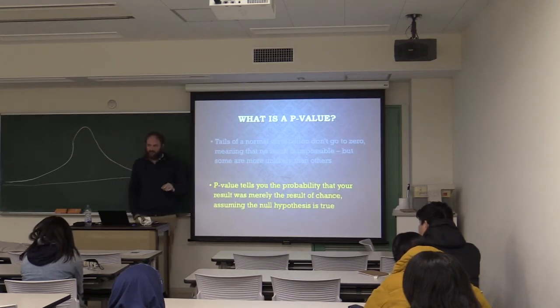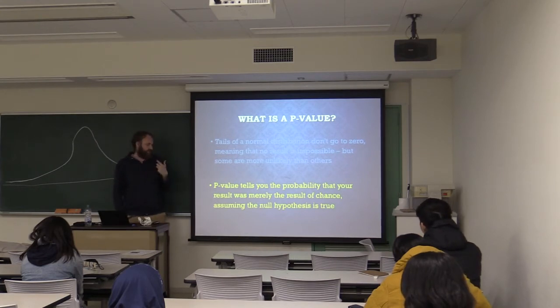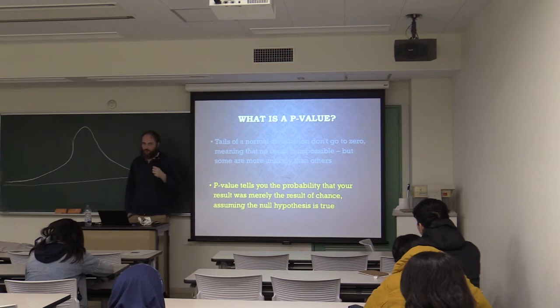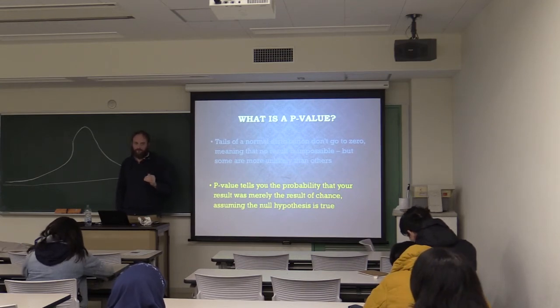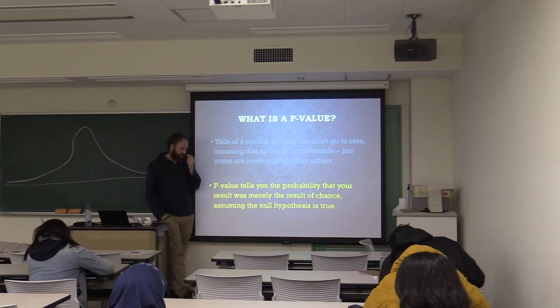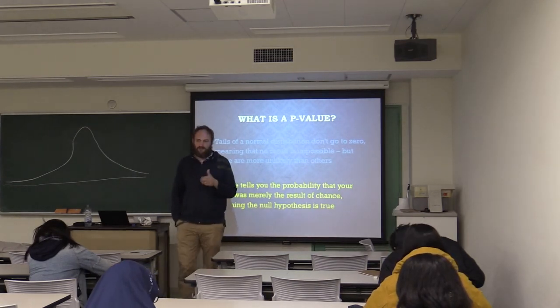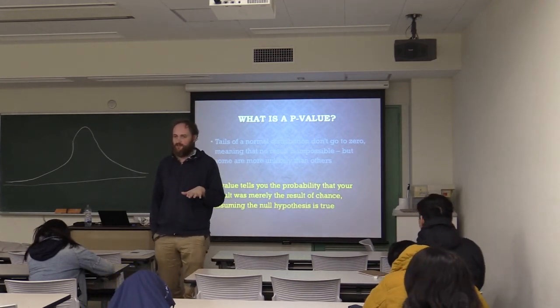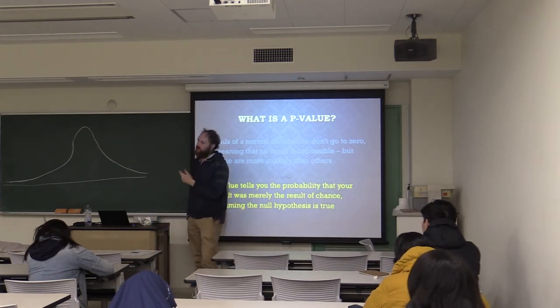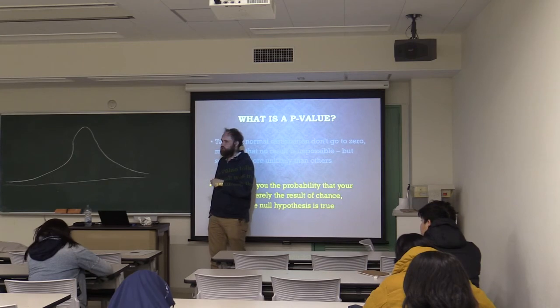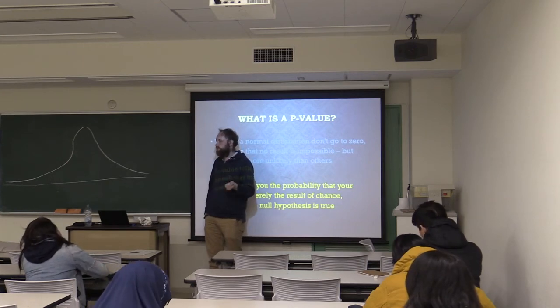What a p-value tells you is the probability that the result that you got was a result of random chance, if you make the assumption that the null hypothesis is true. So, if we assume that the mean value actually was 100, what's the chance that we would get this value of 100.5 just as a result of random variability?